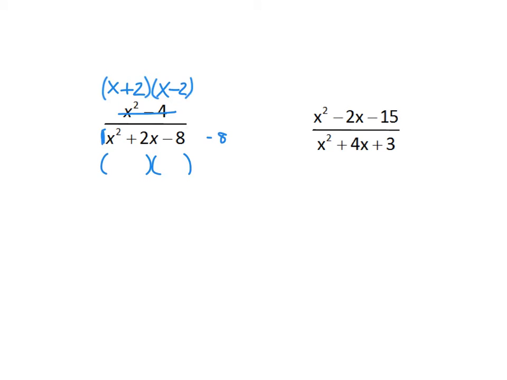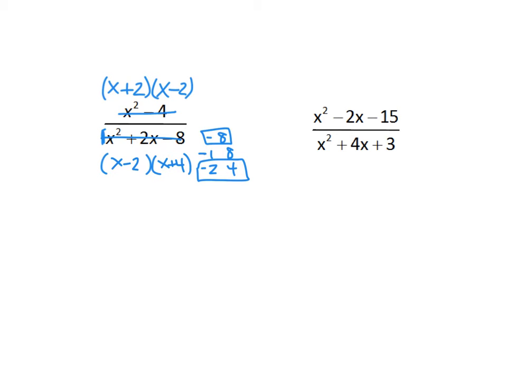We have negative 8, which is 1 times 8, but one of them needs to be negative, or 2 times 4, and one of them needs to be negative. These two factors add up to our middle term of positive 2 right here. So we have our factors x minus 2 and x plus 4.